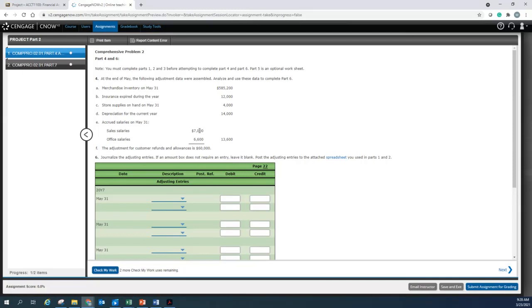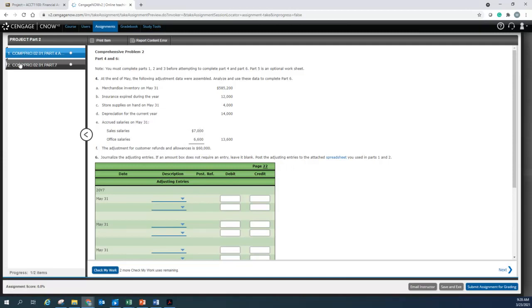However, after the due date, you will see the solution. You go back and you can use the solution of part 1 to do part 2. Same thing for part 2 and part 3. You can go back after the due date of part 2, see the correct solution, and use that to do part 3.